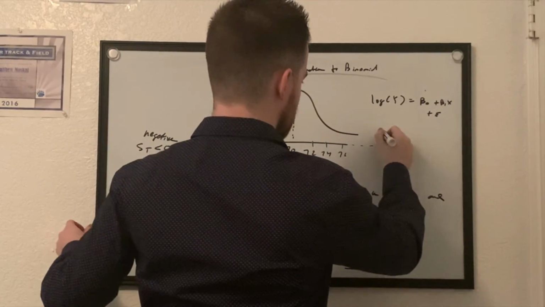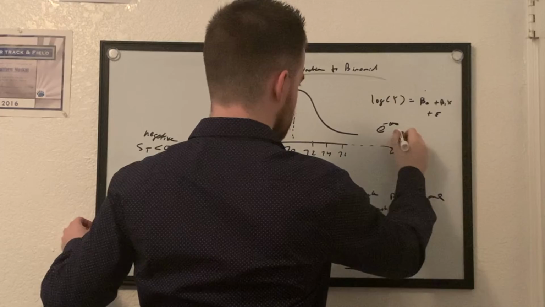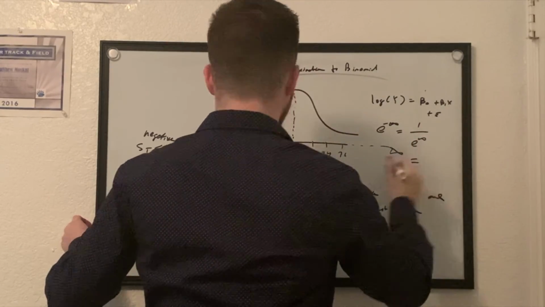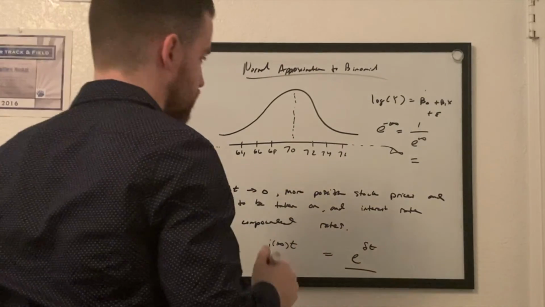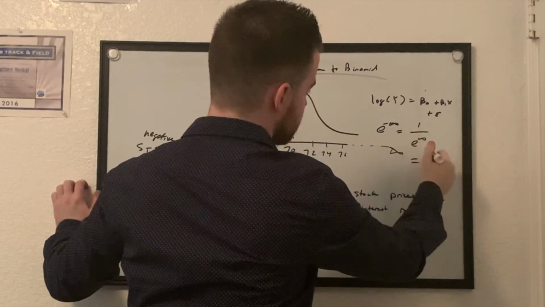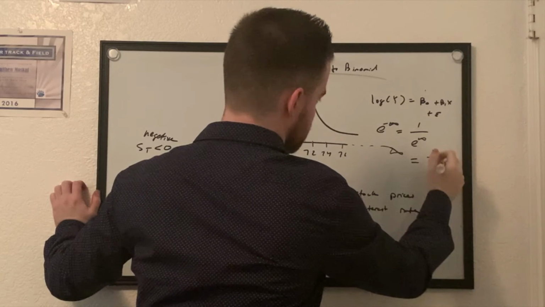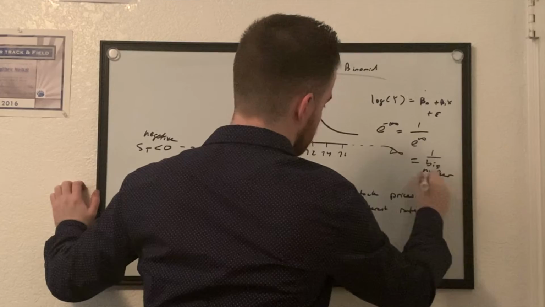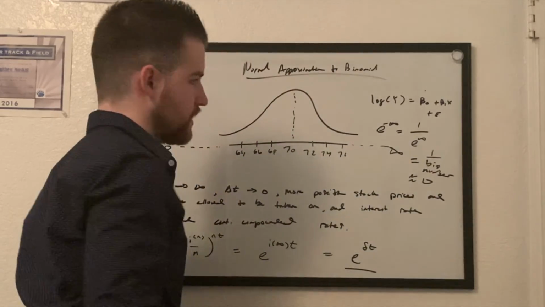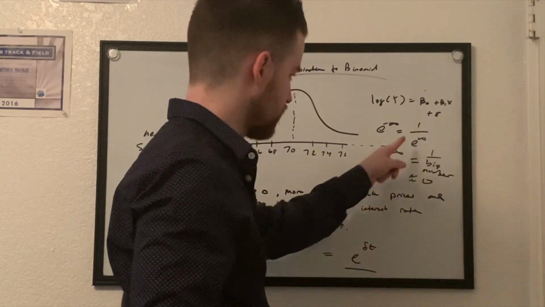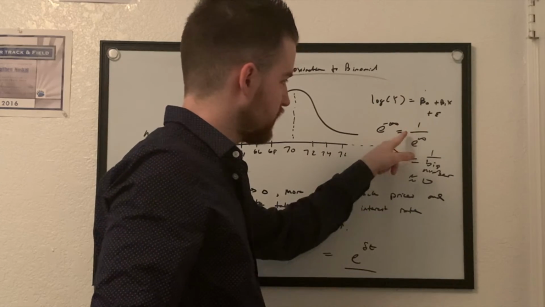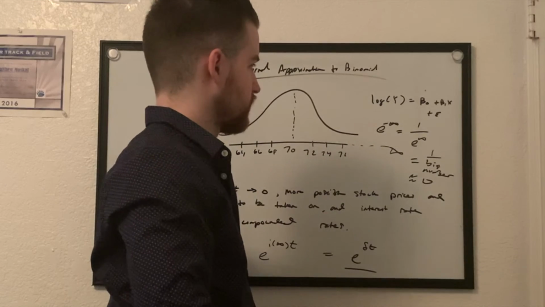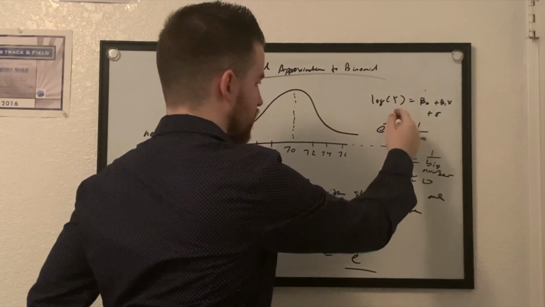Even if you were to say e to the negative infinity, that's just 1 over e to the infinity, which is just 1 over, I'll call it big number, which is approximately 0, but it will never be less than 0 because nothing in here is negative. 1 is positive, e to the infinity is positive. So this is why we take the log.